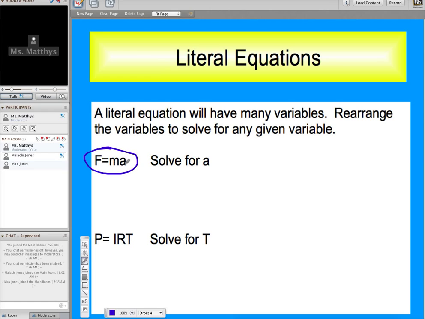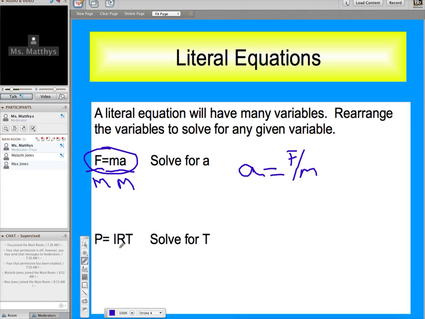I've got an m attached to it. How am I going to move the m to the other side? Divide it. Yep. So what does a equal? a equals F over m. You got it.